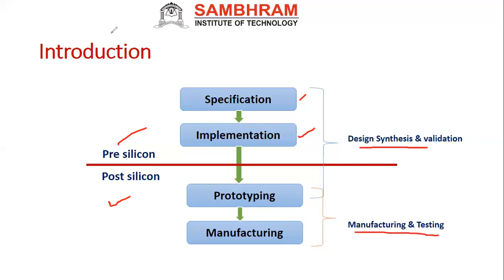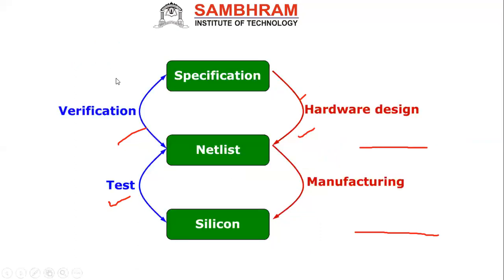So in simple terms, the verification will be done in two levels. During the specification, from specification to netlist, there we'll do the verification. That is nothing but a hardware design, so I can say it's a hardware verification actually.